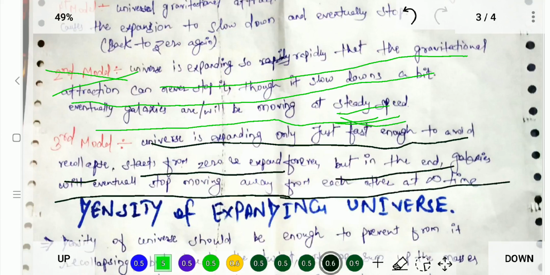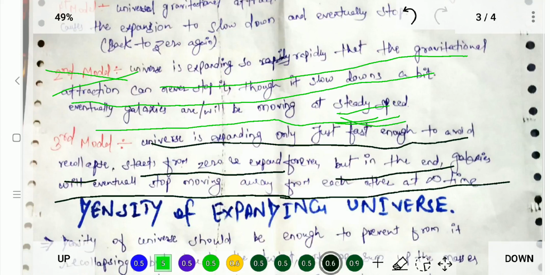This model says that this may happen, that the universe is expanding at the critical rate and, somehow, at infinite time, very far away from now, it will eventually stop expanding and just stay as it is.